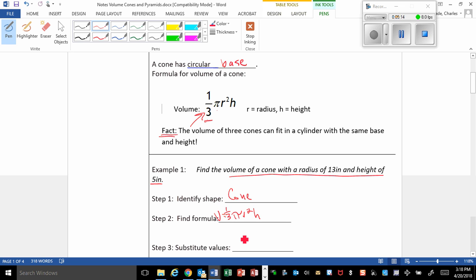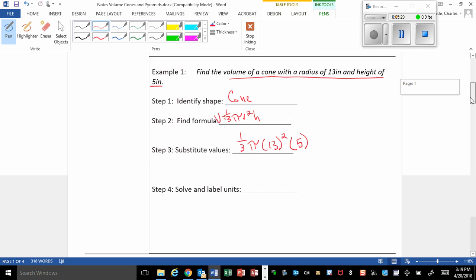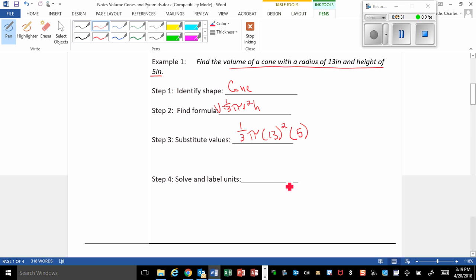In this particular case, we're going to start with 1/3. That's always a constant, always the same. Pi is the same. Radius is 13, and a height of 5. All right, so let's scroll down here a little bit. So in our calculator, let's do 1/3.